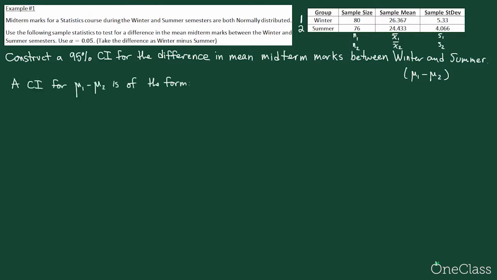A confidence interval for the difference mu1 minus mu2 is of the form... The next step is to plug in all the known values.